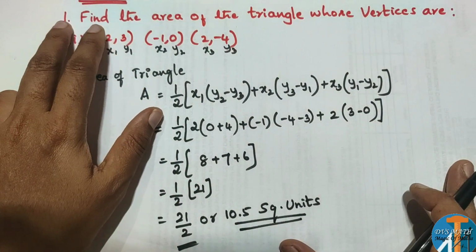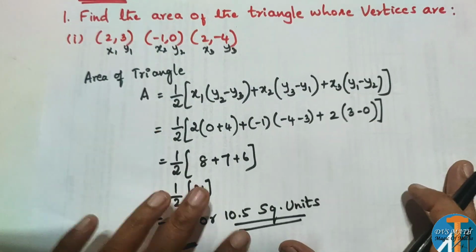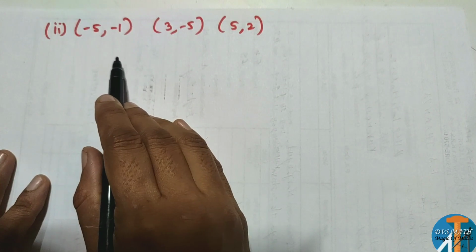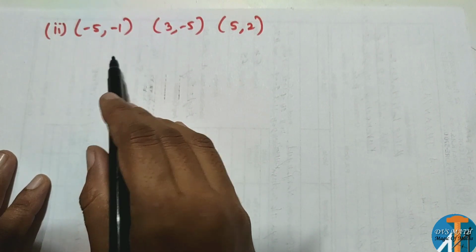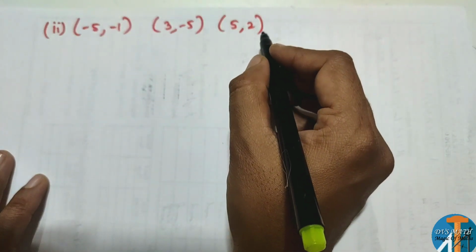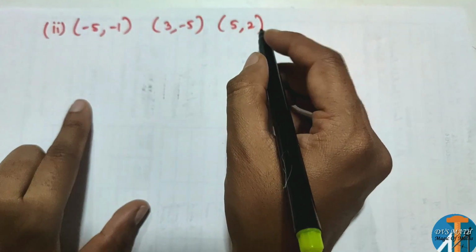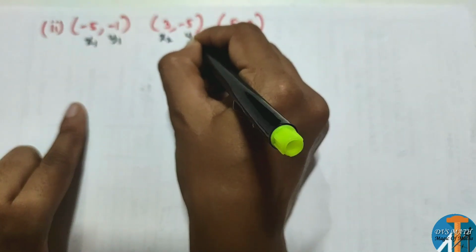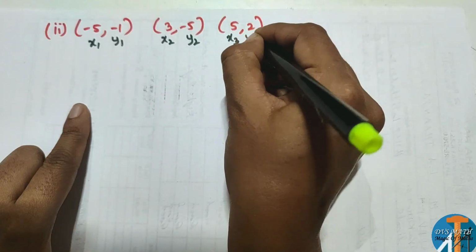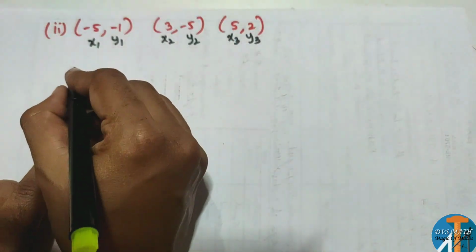So in the first question only, we have another sub question. Sub question 2: minus 5 comma minus 1, 3 comma minus 5, 5 comma 2. As soon as you observe the vertices, first you write x1 y1, x2 y2, x3 y3. Then what is our next step?